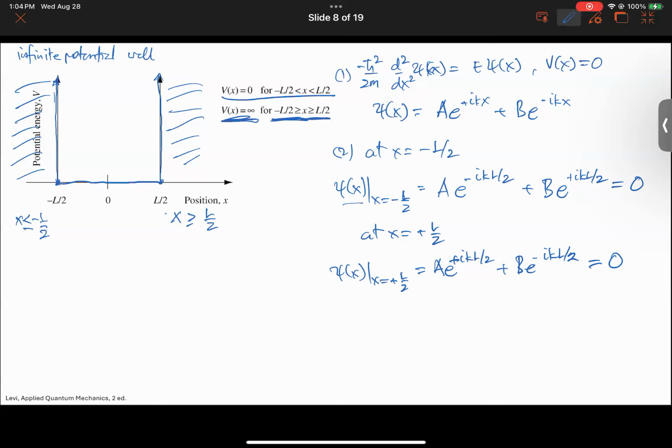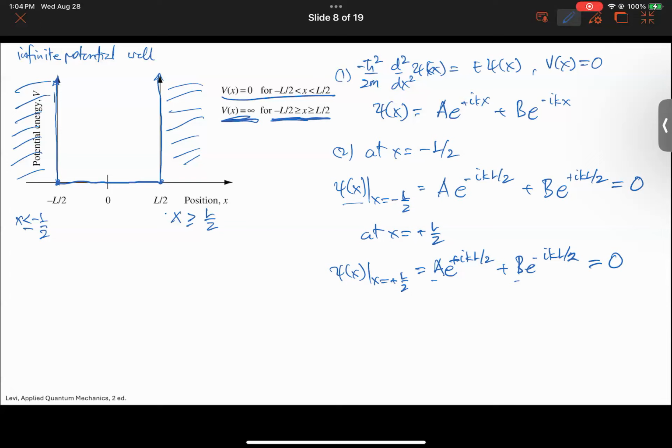Now, the idea here is to solve for A and B to get those coefficients, and we can do that using linear algebra.